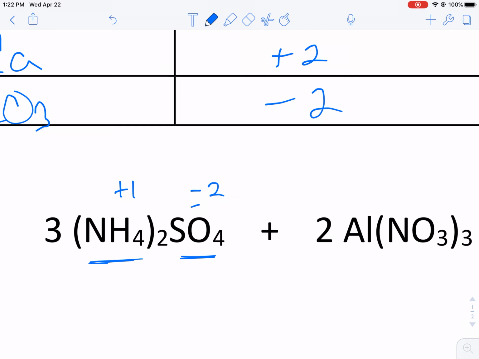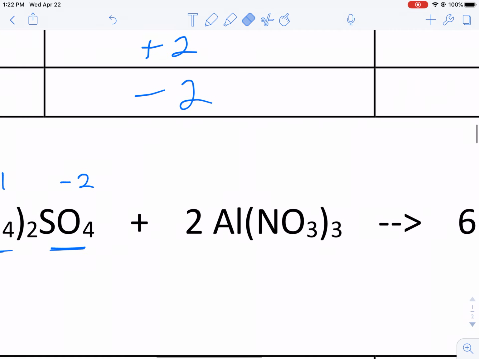And this makes sense, as you can see by the swap and drop, my ratio is 2 to 1. Come over here, I have aluminum and I have nitrate. The nitrate ion is -1, and if I know the nitrate ion is -1, if I do a reverse swap and drop, aluminum has to be a +3.